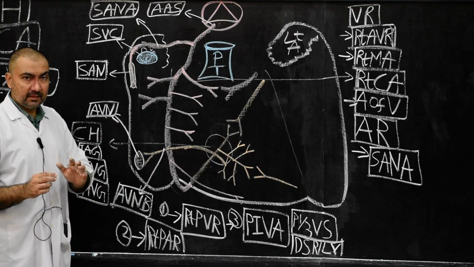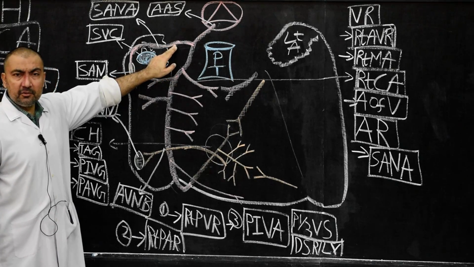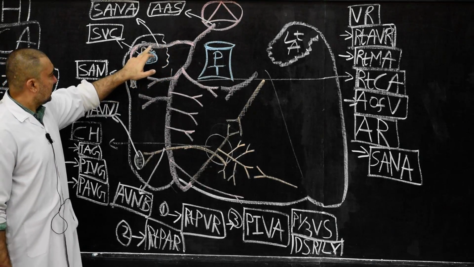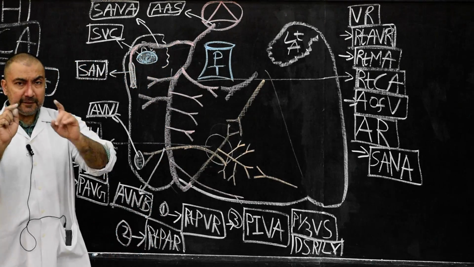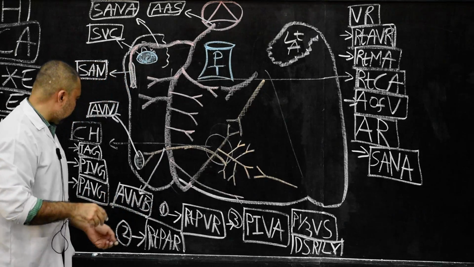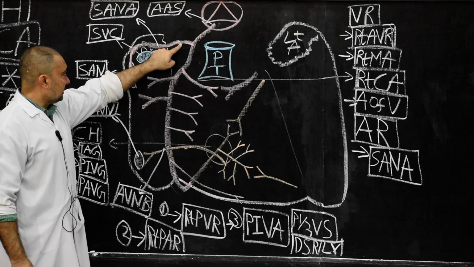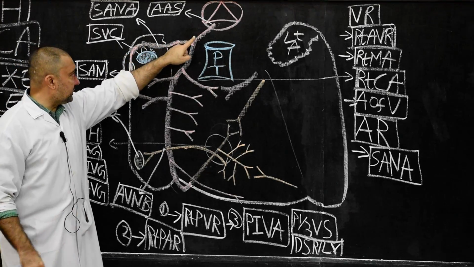Now here, we come back to this branch, the sinoatrial nodal branch. It is often asked in MCQs: in 65% of cases, the sinoatrial nodal branch is a branch of right coronary artery.